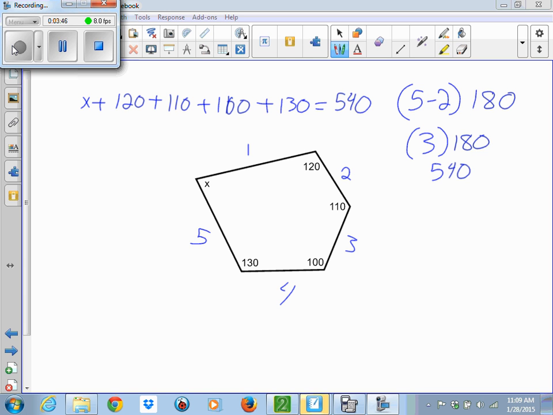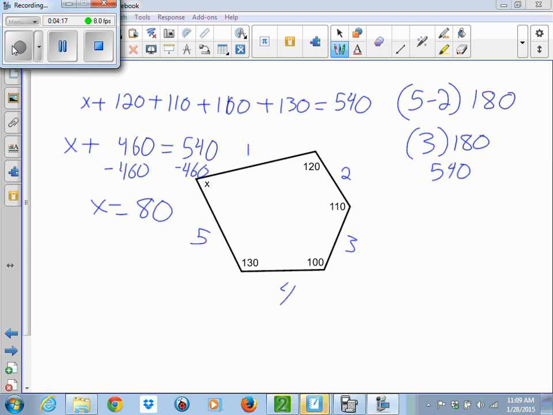Then we have x plus 1, 2, 3, 4... 460 equals 540 if you combine all those angles. Subtract 460 from both sides. x equals 80. So x equals 80 in this case. They get a little bit more complicated, but the basic idea is the same. So that's interior angles.